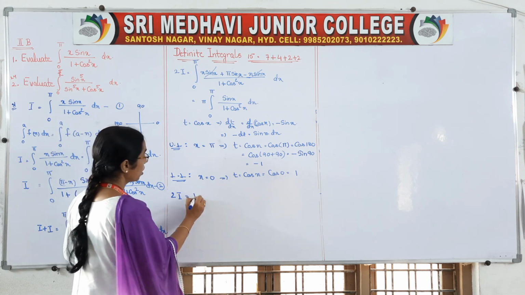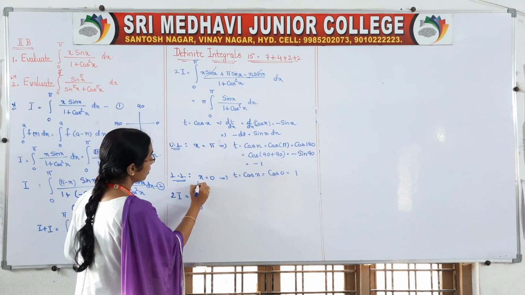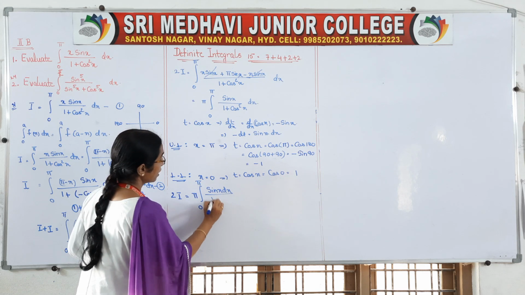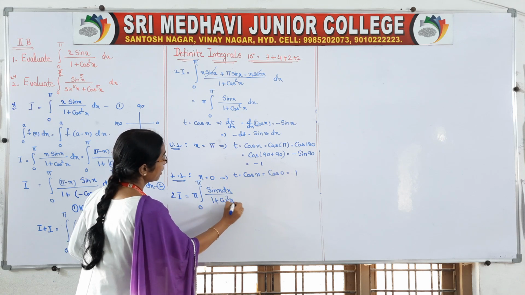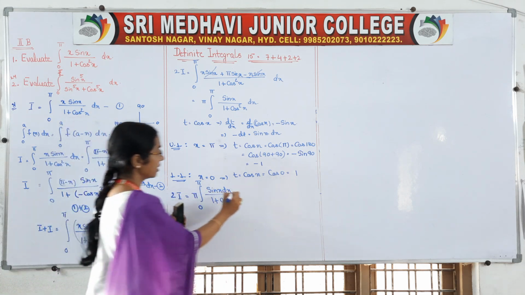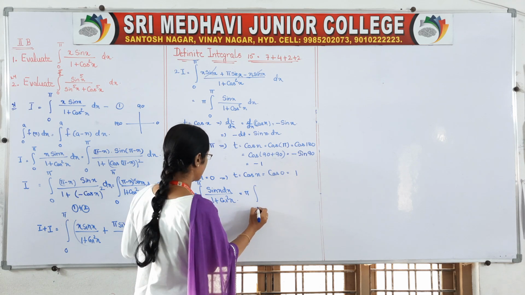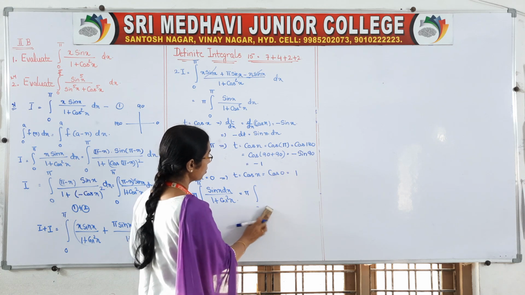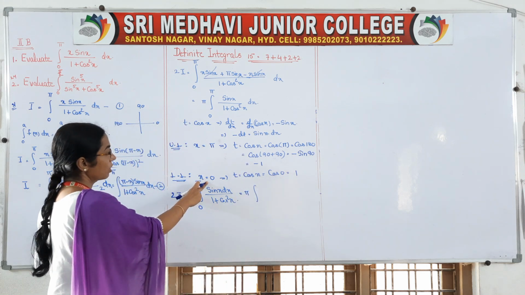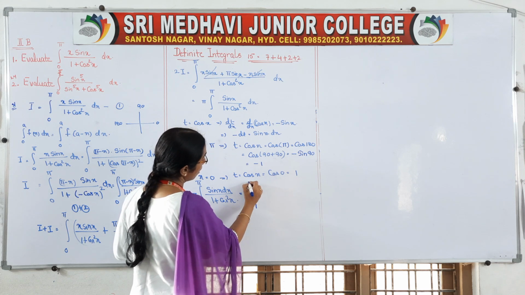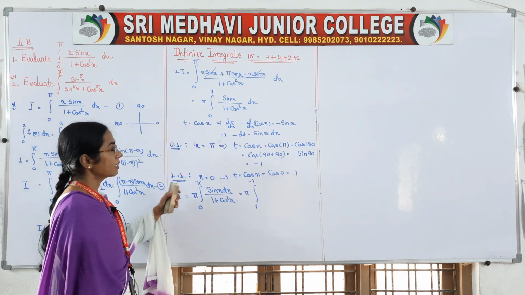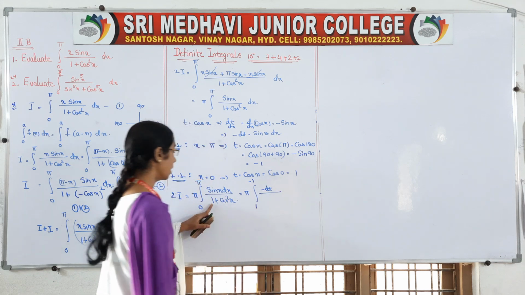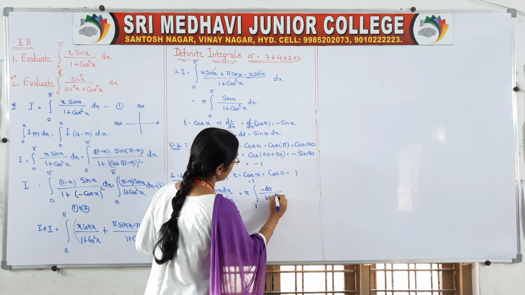Now take the problem. 2I is equal to pi into, first write the problem as it is, sin x dx by 1 plus cos square x. So we can write this as pi into the integral, and after the conversion we got the lower limit as 1, upper limit as minus 1, and sin x dx we got as minus dt, by 1 plus t square.